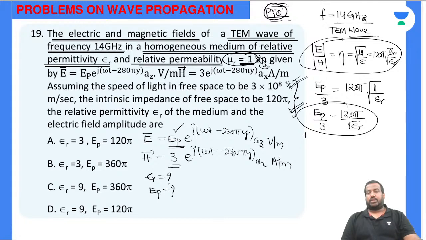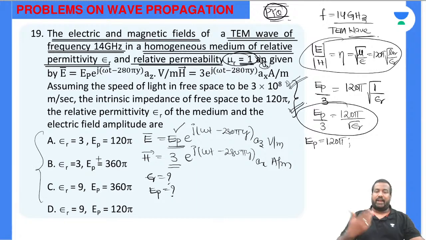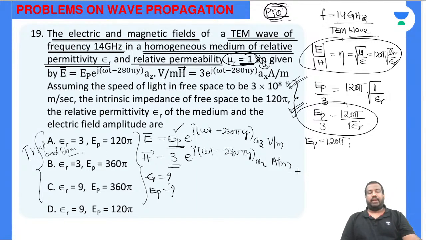If you compare these two equations, what do you get? You may get many options, but you follow trial and error here. EP is 120 pi, epsilon r is 9.